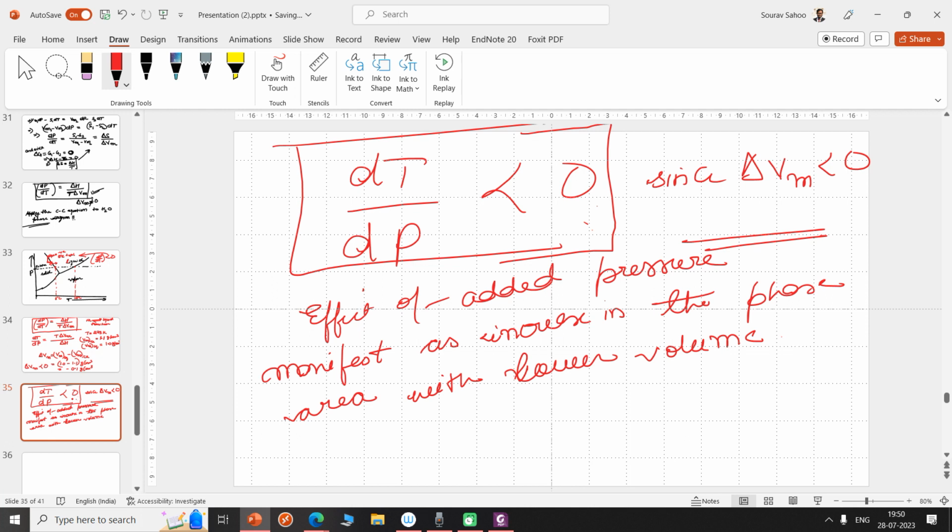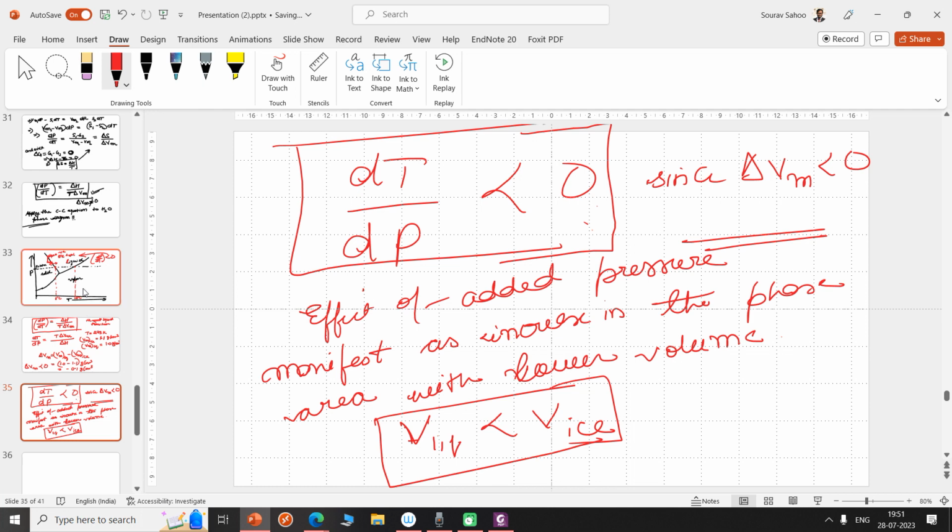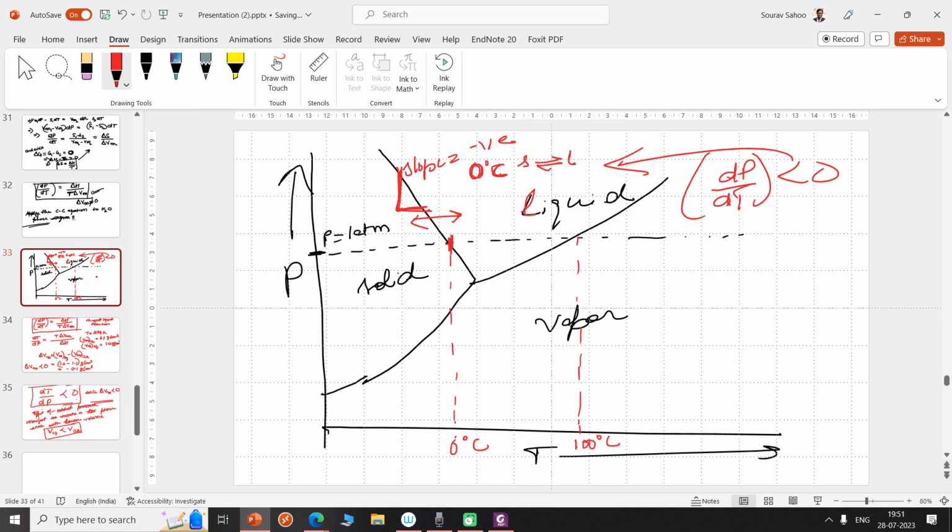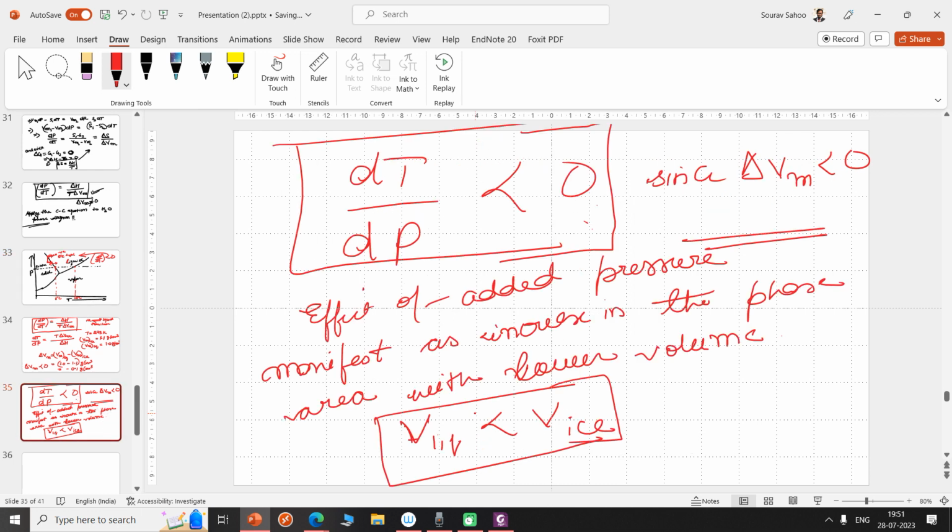And we know that the volume of liquid is lower than the volume of ice. So that's the reason why, if we add pressure, my liquid area is getting increased, right? So if I just plot it here again, on added pressure, my liquid area is increasing as compared to my solid area.